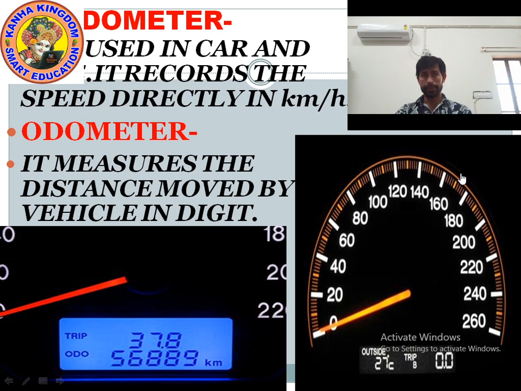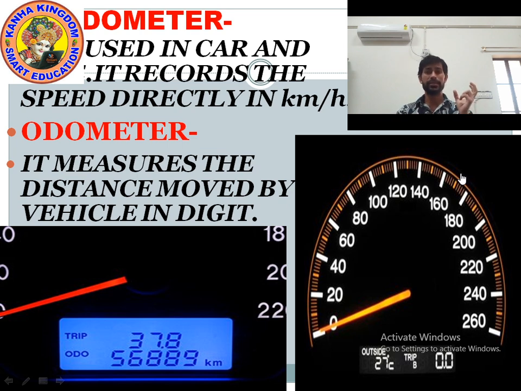Okay. Next is the odometer. What is an odometer? It measures the distance moved by a vehicle in digits. Yes, you might have seen a digital meter in a car or bike, in which numbers are written showing that today your car or bike moved 100 kilometer, 20 kilometer, 30 kilometer.